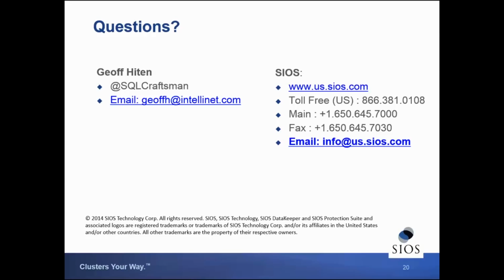By being in different availability zones, your nodes will be in different subnets, so you will be deploying cross-subnet clusters. You're going to need SQL Server 2012 Enterprise Edition or SQL Server 2014 Enterprise Edition for that cross-subnet failover in the AWS environment.